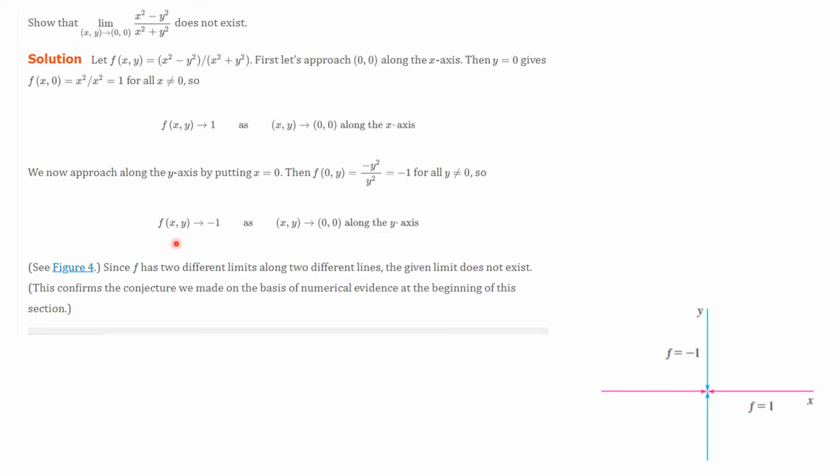So that means the limit of f(x, y) tends to minus 1 as (x, y) tends to (0, 0) along the y-axis. Now, since in one case we got minus 1, in the other case we got 1, the limit doesn't exist, and that confirms the conjecture we made earlier in the discussion.